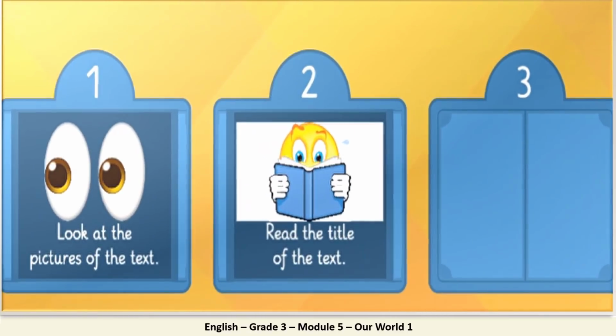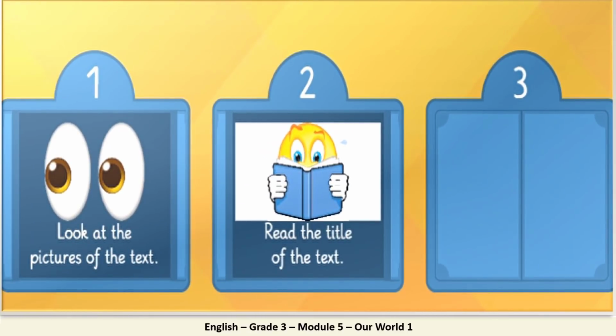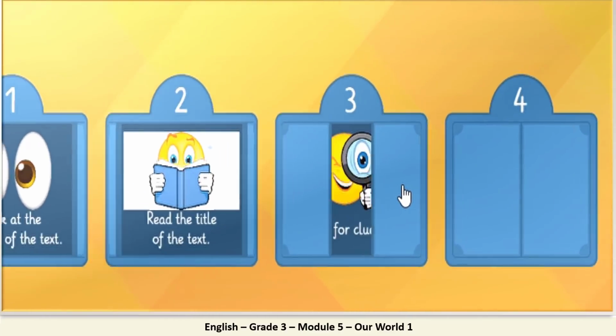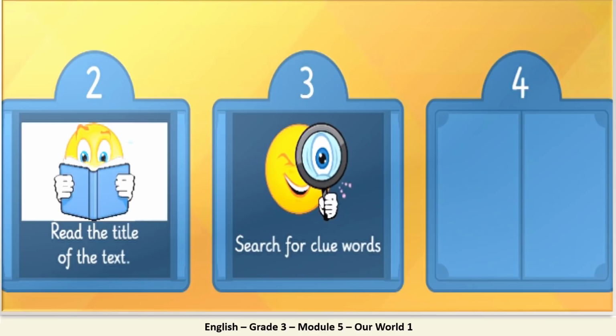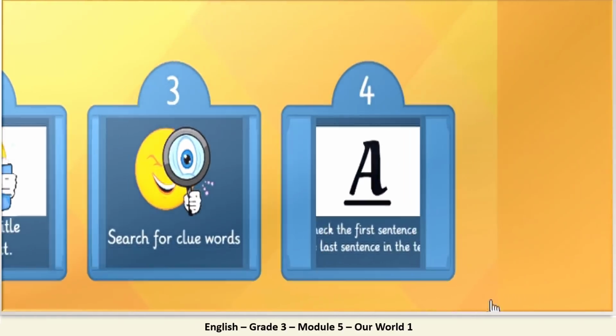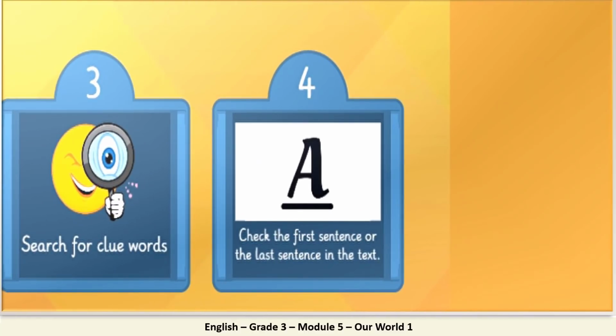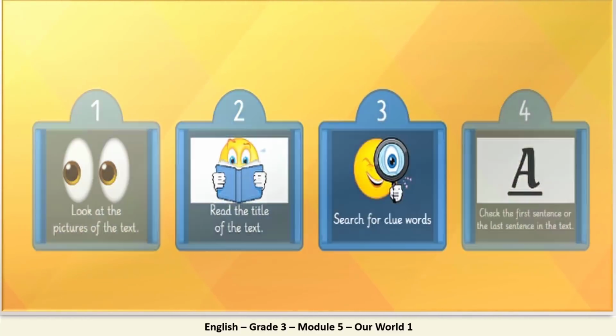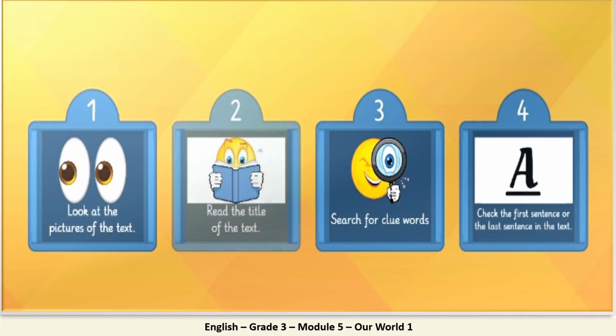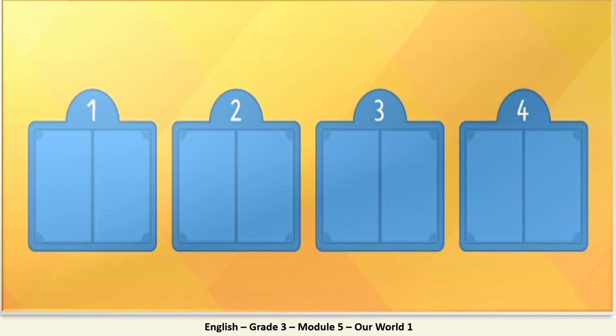We have to read the title of the text. We also have to search for clue words and check the first sentence or the last sentence in the text. This is how we can guess the main idea.